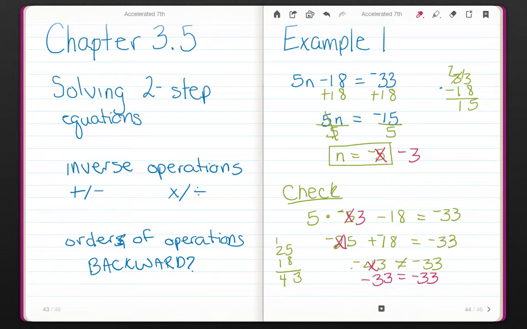So while it's not mandatory to check your work, notice it's a good way to say, hey, wait a minute, you made a mistake. So my actual answer is n equals negative 3. All right, glad I went back and checked that.